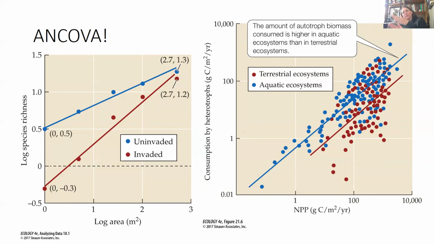There's a difference in overall consumption; those values are higher in aquatic ecosystems. But the relationship between consumption by heterotrophs and NPP is the same. That slope is the same. Okay, so these are both ANCOVA analyses.